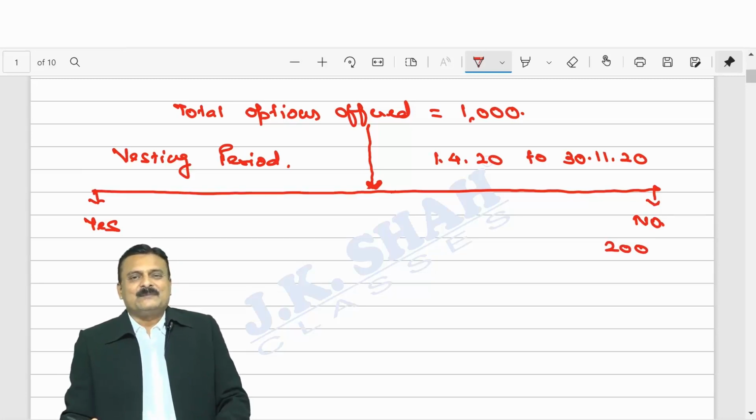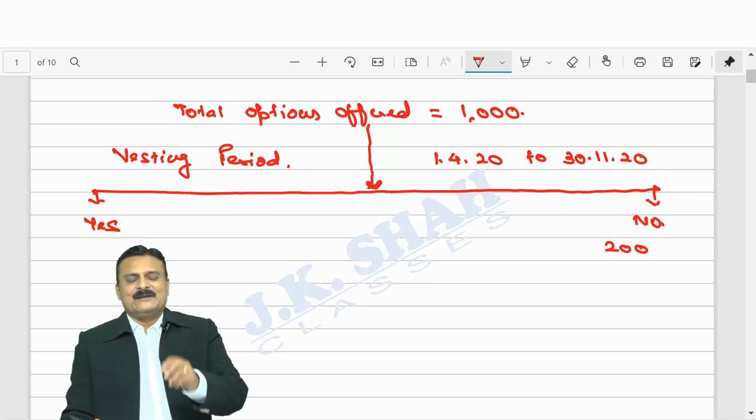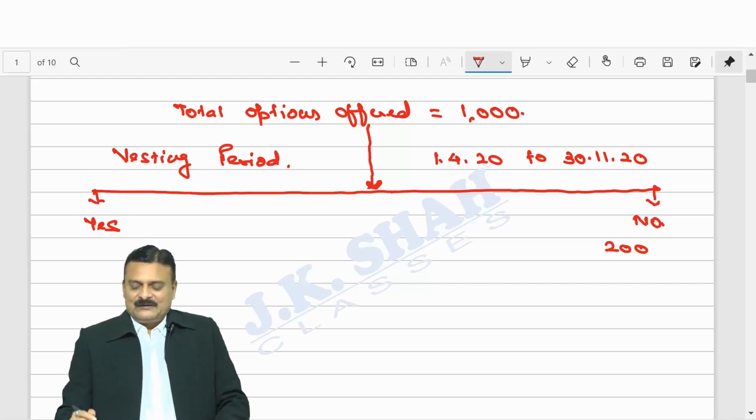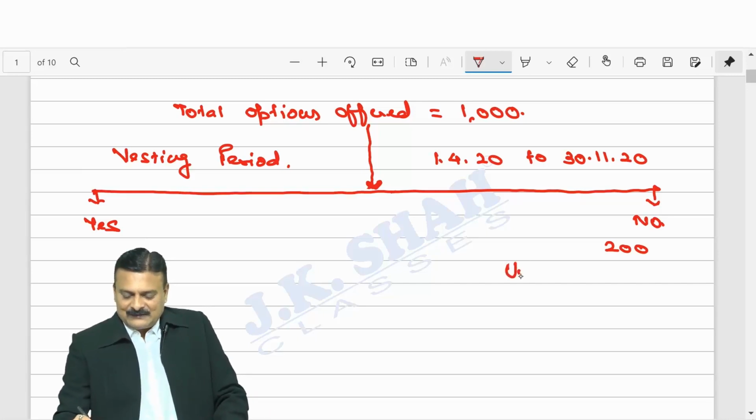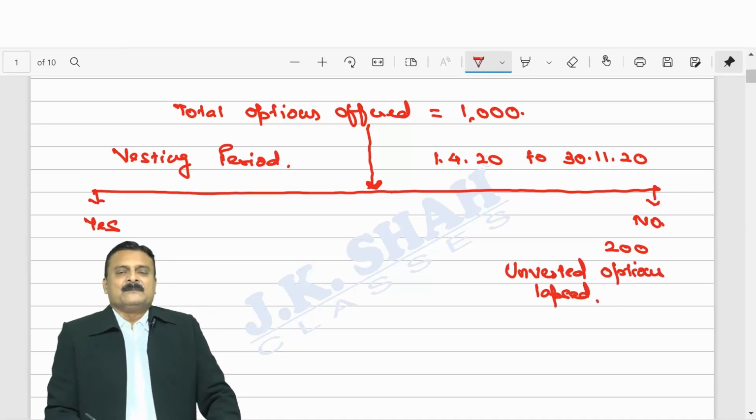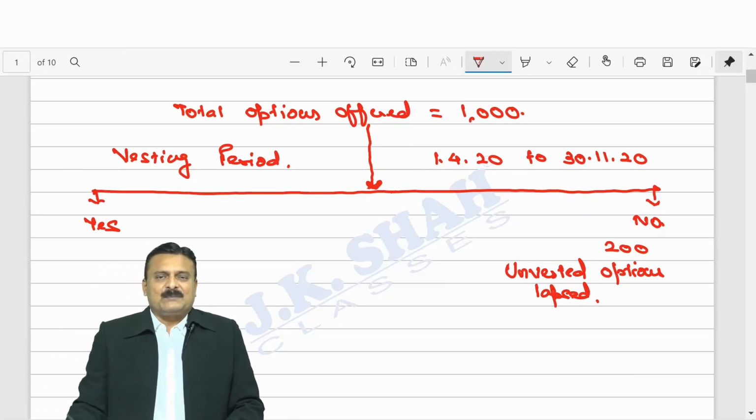That means for them, the scheme will get closed. Our company will not think of allotting them 200 shares. They denied, so that is called unvested options lapsed. Lapse means now the scheme is not applicable to them. It's of no use to them.